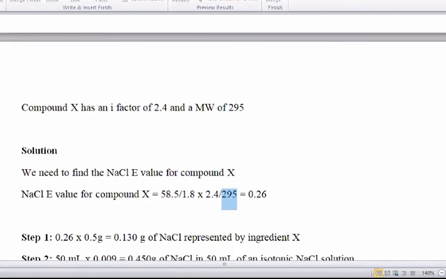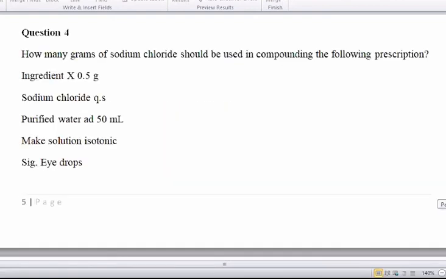Now we need to find, in step 1, the amount of sodium chloride represented by this 0.5 grams of compound X. Remember what we do. We just get the sodium chloride E value for this compound and multiply by the given quantity, the mass.